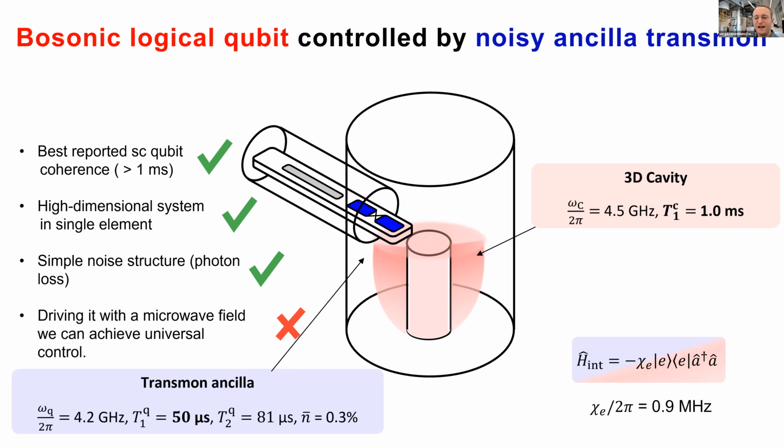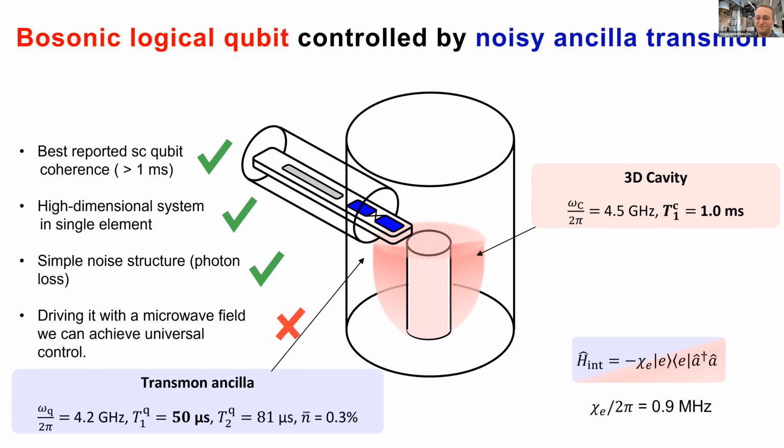There's something I want to emphasize here. The problem is not only that the ancilla has more than an order of magnitude worse decoherence than the cavity. In our case, a single photon in the cavity lives for a millisecond, but the transmon only for 50 microseconds.